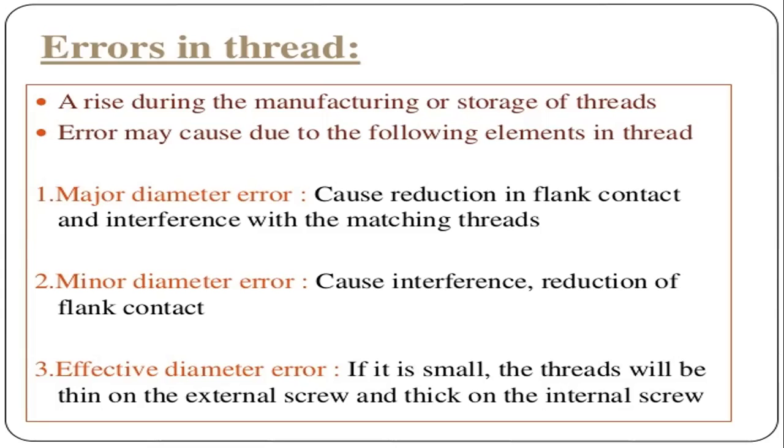So the error should be thin on the external screw and thick on the internal screw. This is the type of measurement done for the effective diameter error.